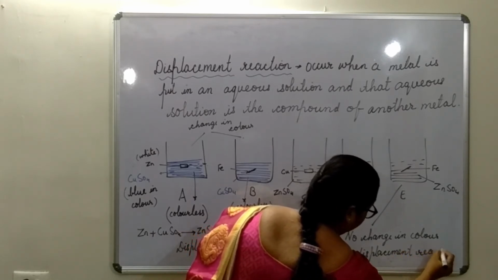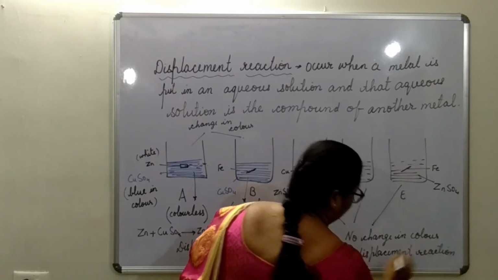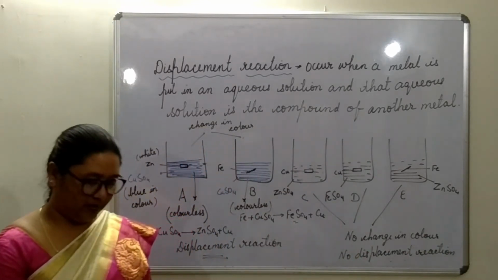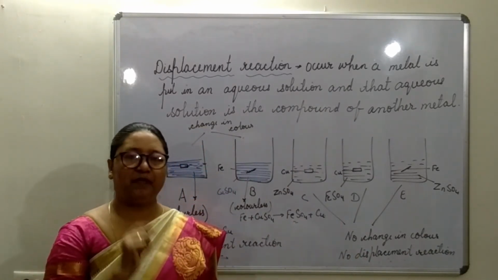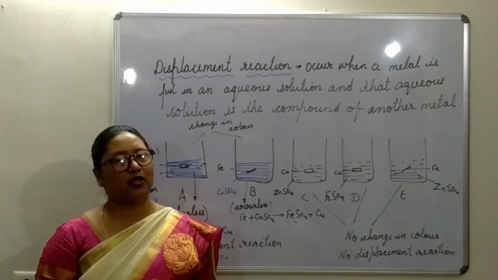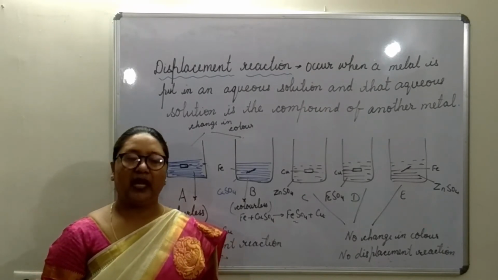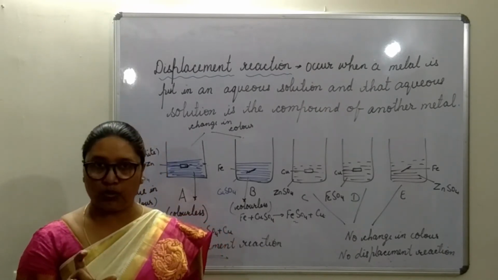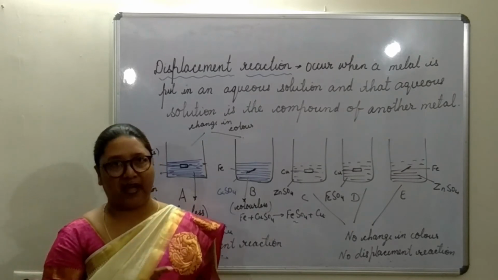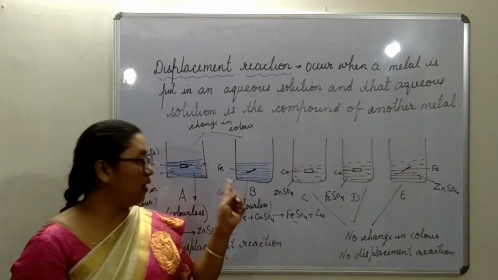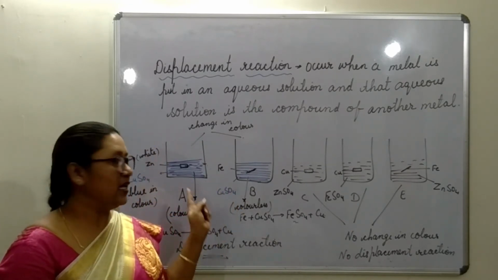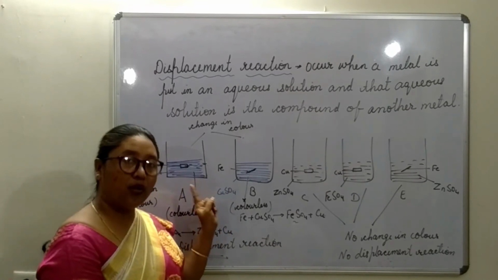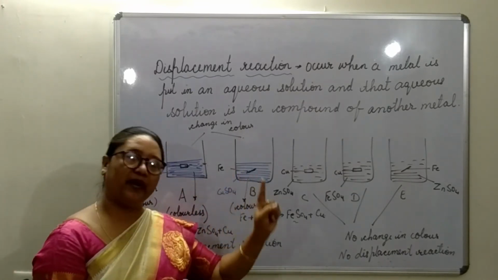But why is this happening? Remember that science is not arbitrary. It obeys definite rules based on facts. And the rule here is that zinc is more reactive than copper and iron.